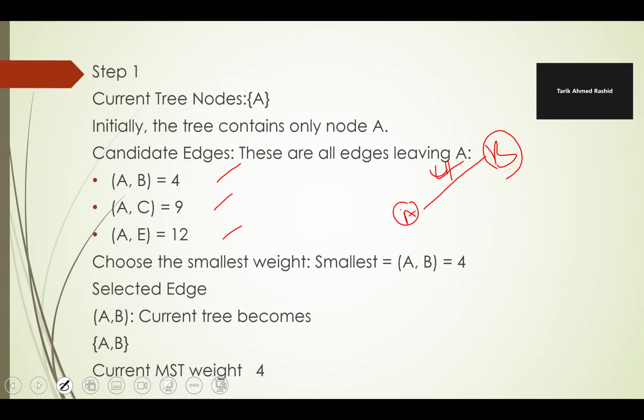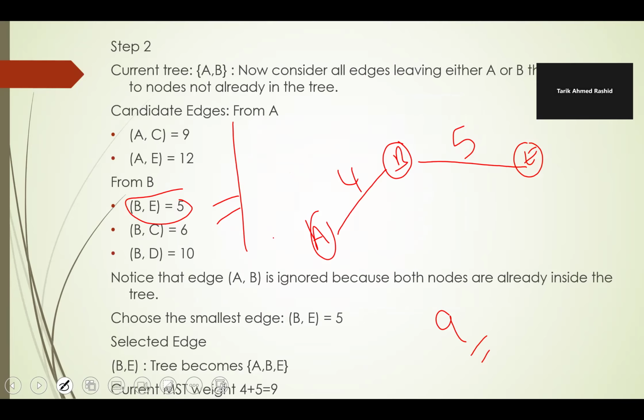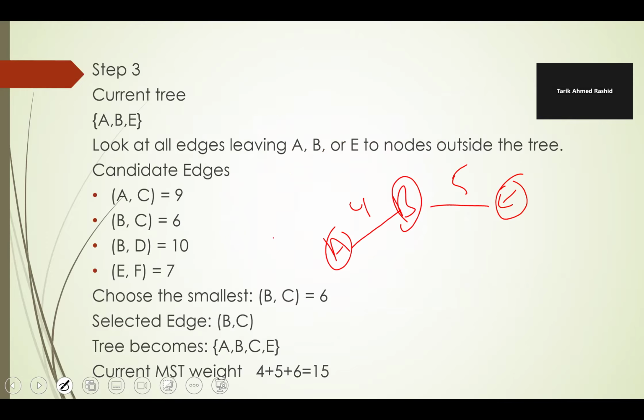So we had B to E, but now the smallest is B to C. We take this line. So we took this one, and this one, and now this one. So we take B to C, which is 6.